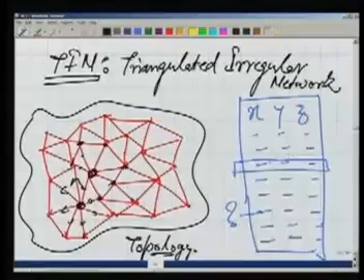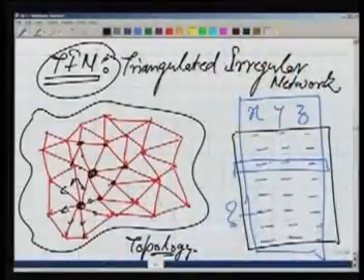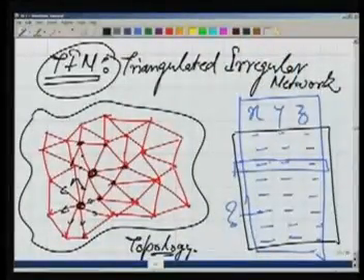So we don't store only the listing of the data in the computer. Rather, we also store their relationships. So this entire topology, the data as well as their relationships, once we store into the computer, that we say as TIN or the topological data model.